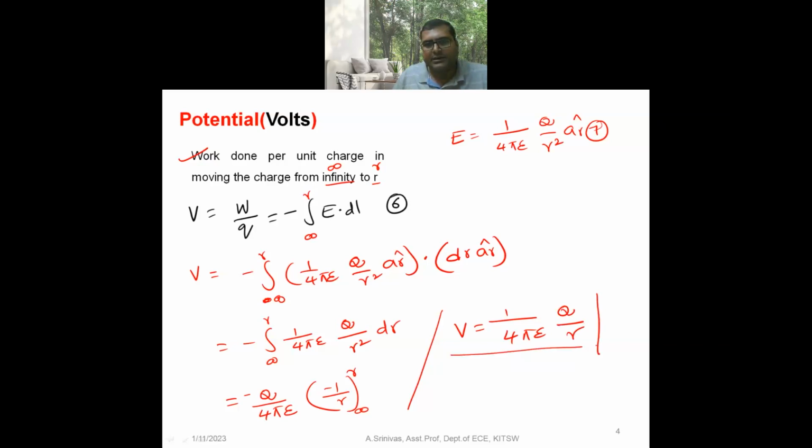There is no vector quantity as potential. The electric potential is a scalar quantity. Let it be equation number 8. Now let us continue our discussion in the next PPT with this equation.